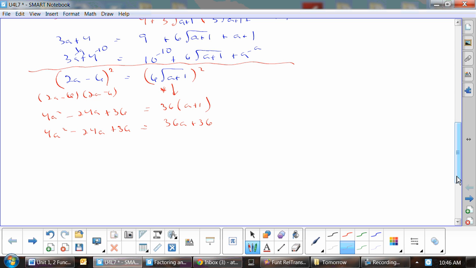I got to get this thing to equal 0, because if I get it to equal 0, I can solve it. So I'm going to minus 36a, minus 36a. So minus 24a minus 36a is minus 60a. And I minus 36 to both sides.